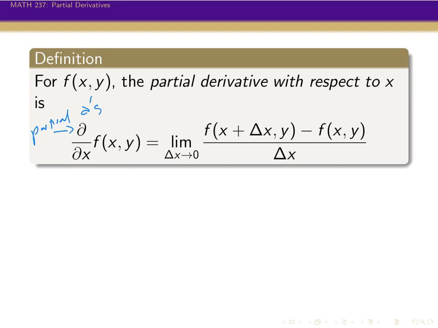When we do this partial derivative, if you notice on the right-hand side, we're changing the x values by delta x, but the y value is staying the same.